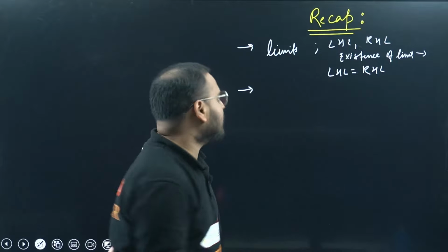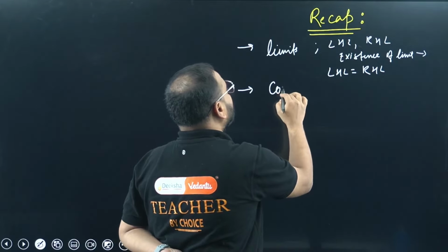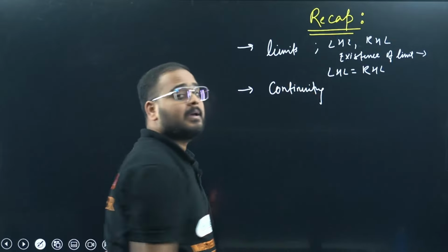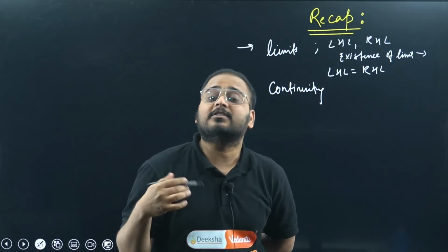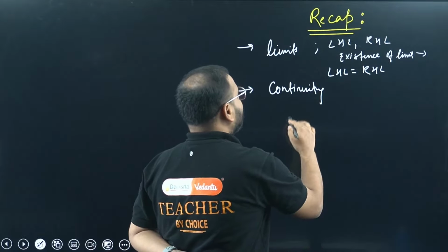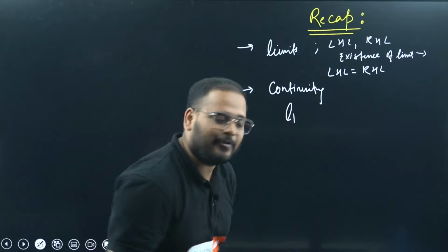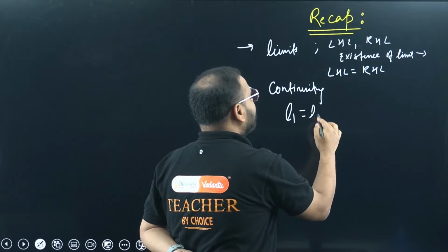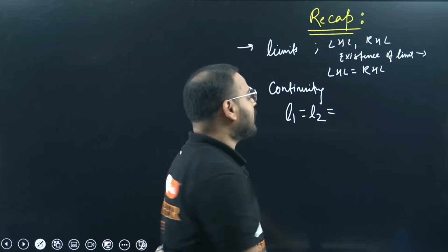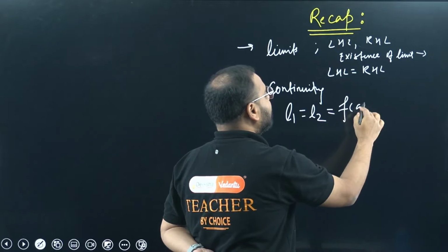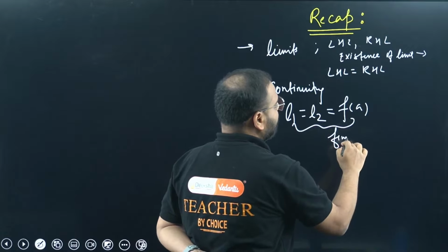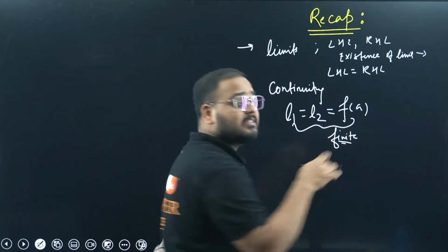Moving on, in session 2 we learnt about continuity. When can we call a function continuous? We learned the definition. If the left hand limit L1 equals the right hand limit L2, and these are equal to the function's value at a, and all these values are finite, meaning the value should exist.